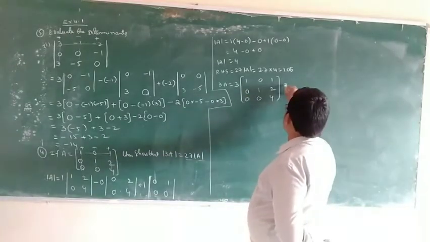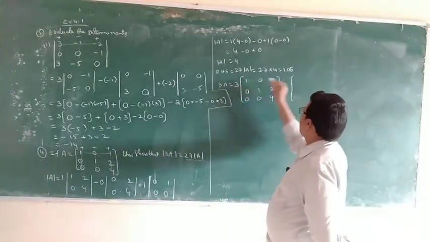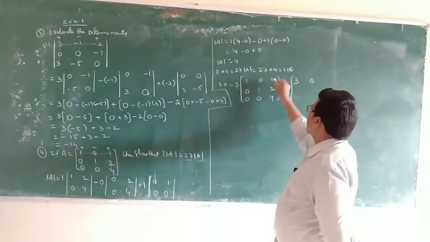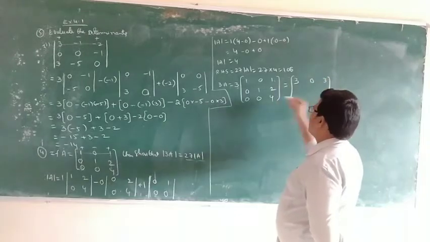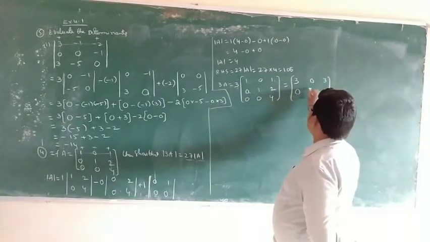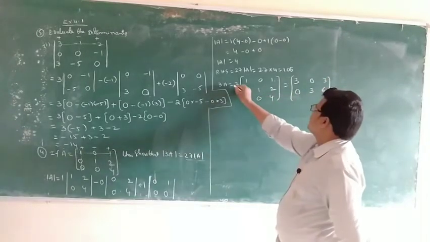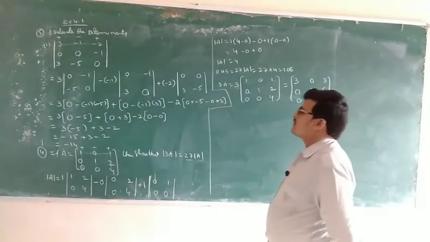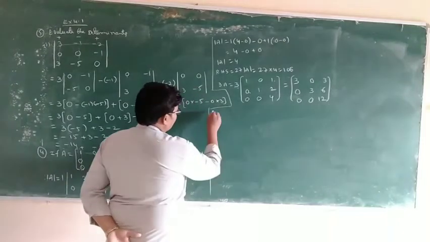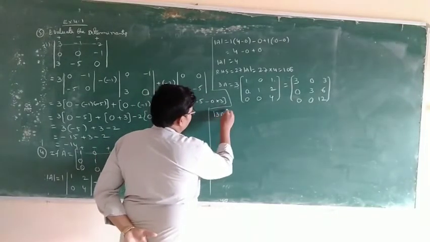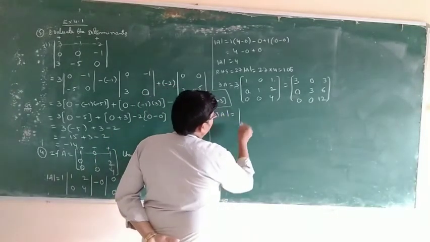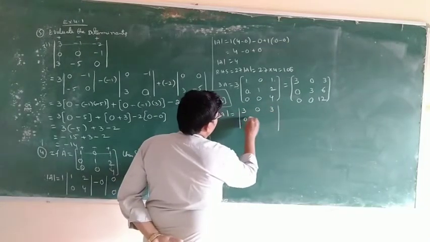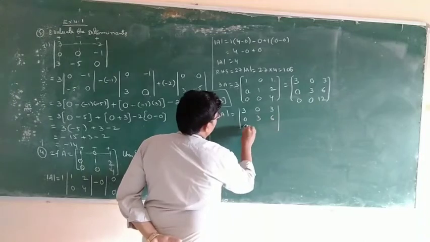So that is equal to 3 into 1 is 3, 3 into 0 is 0, 3 into 1 is 3, 3 into 0 is 0, 3, 6, 3 into 0 is 0, 0, 12. This is the 3A matrix.